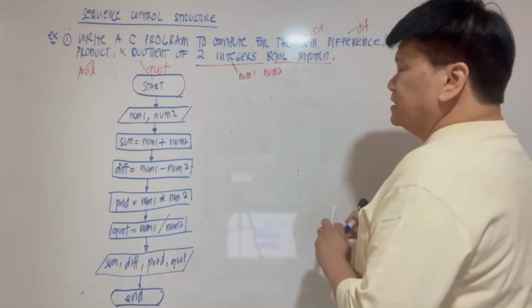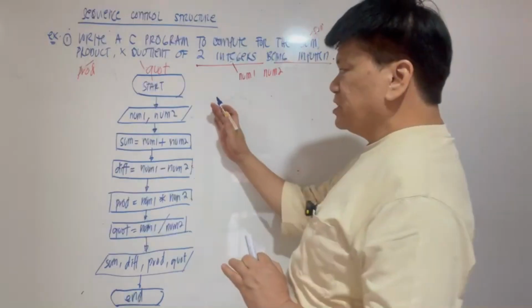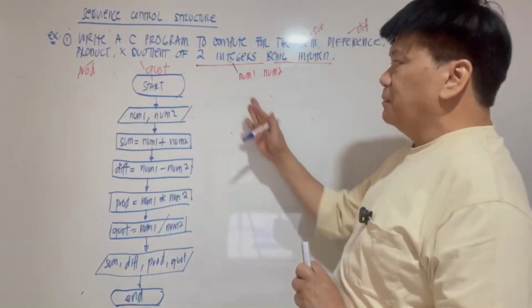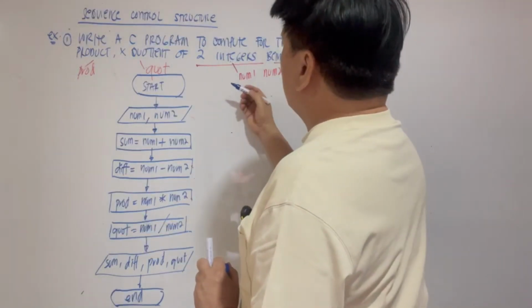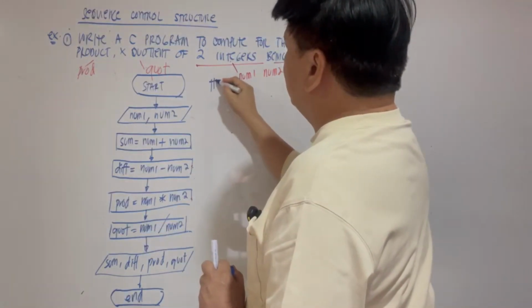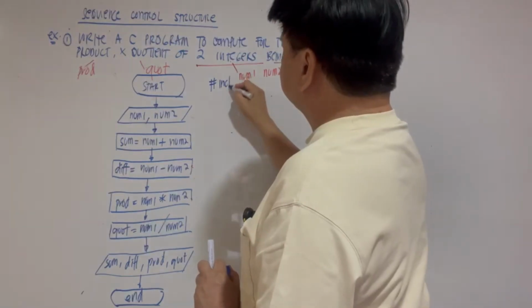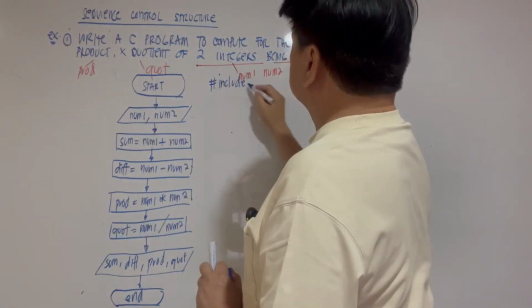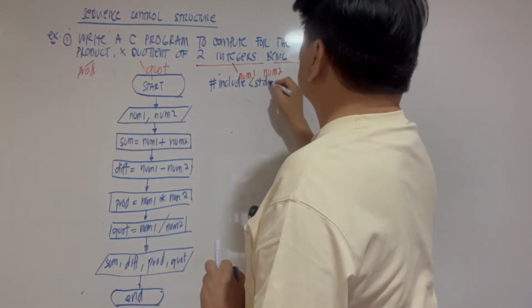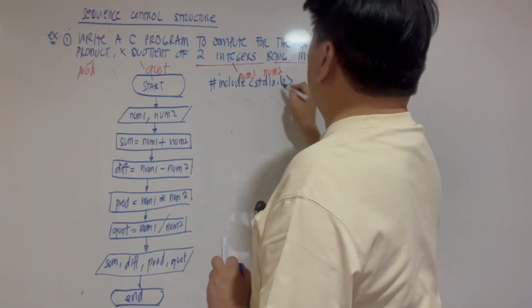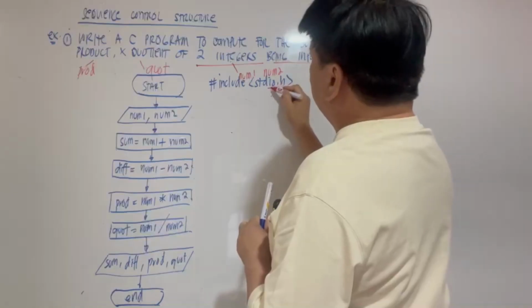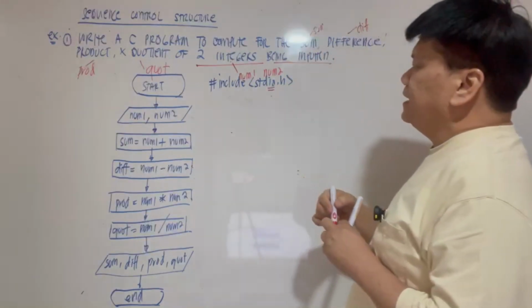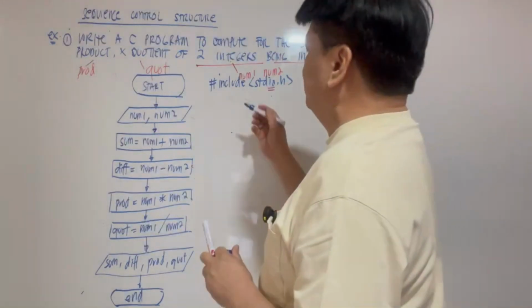Now that we're done in designing the logical solution of the problem, we can now proceed to the program. Our program in C starts with this directive: include stdio.h, telling the compiler that we'll be using input and output statements.